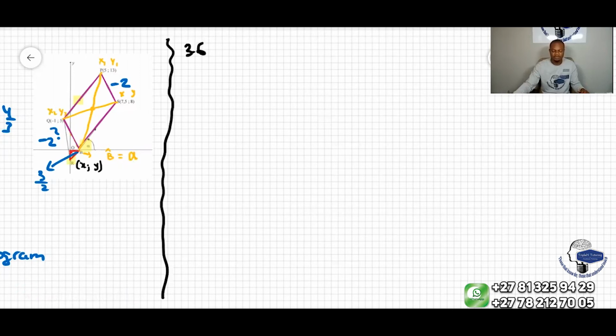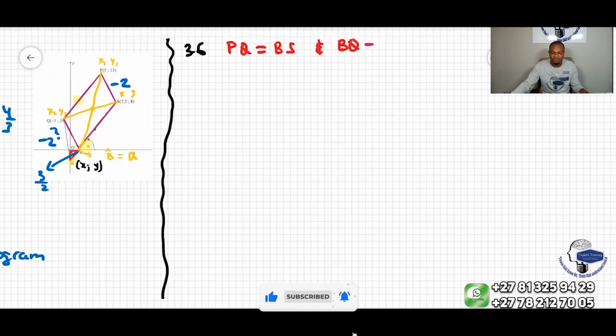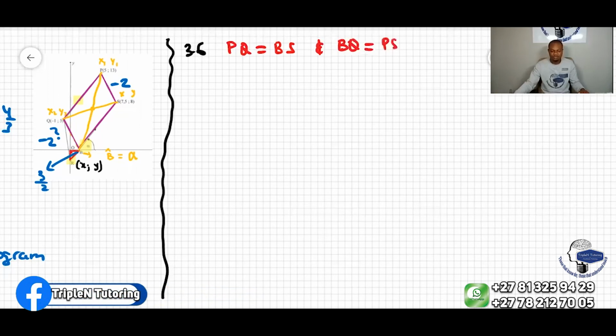We can prove that the distance PQ equals BS, and BQ equals PS.